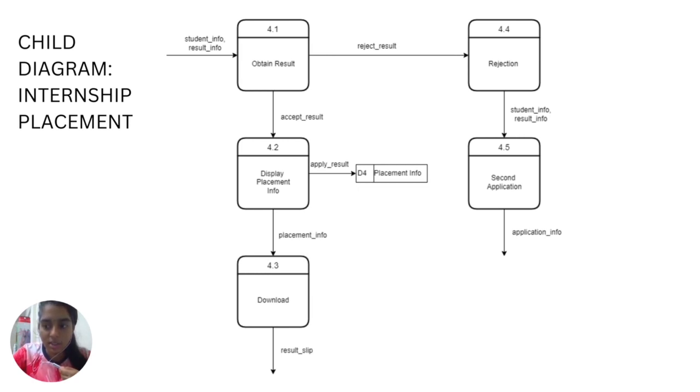If the student's application is rejected, then the student needs to do a second application for their internship. The process will start from process 3, which is the internship application. Now I will demo how the internship placement process works.